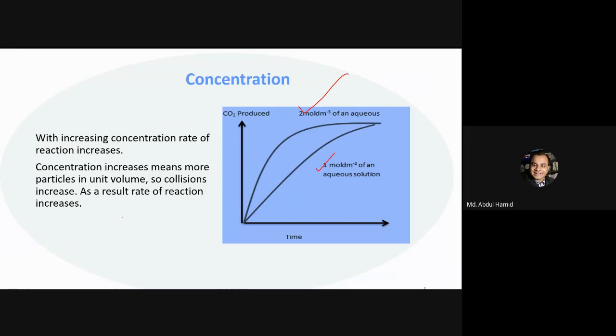So only the concentration of hydrochloric acid is changing. So the greater the concentration of hydrochloric acid, the faster the rate. We measure it from the gradient. We calculate the gradient, right? So the tangent line, then gradient. You know this one. So I think concentration is okay for you.